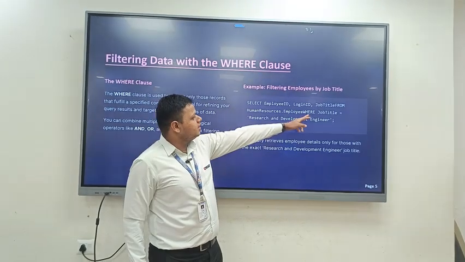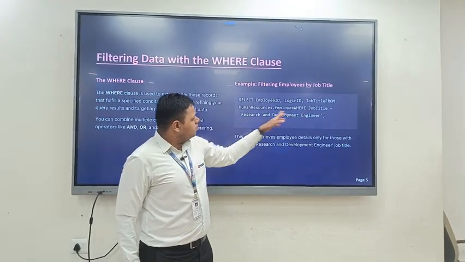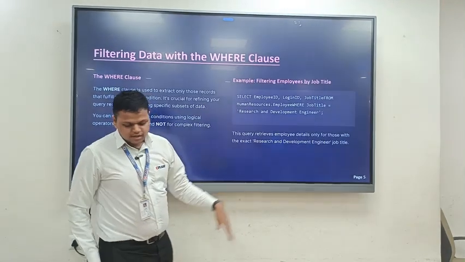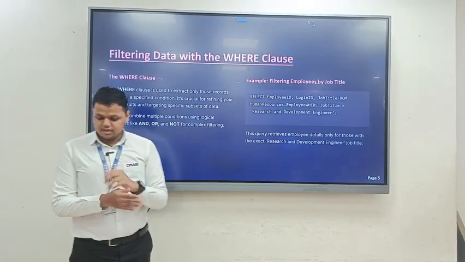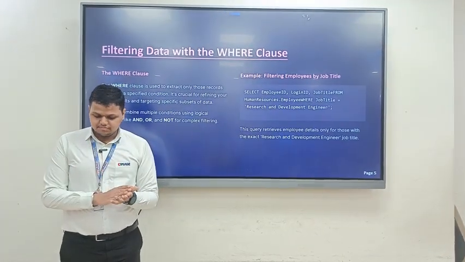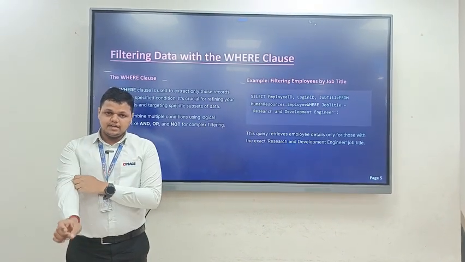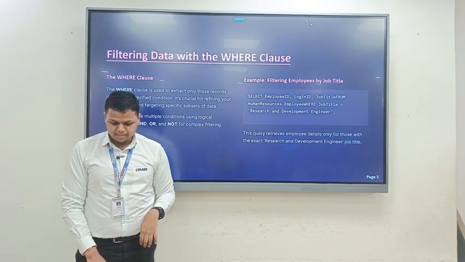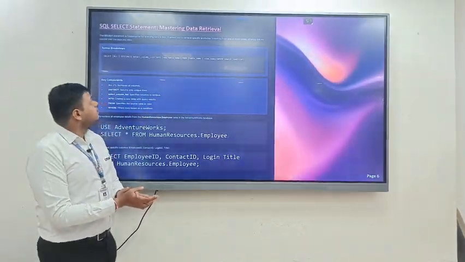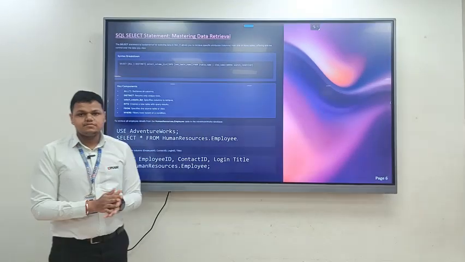Then we have given the where condition, where job title is equal to research and development engineer. This retrieves the data from the database in which the job title is research and development engineer.